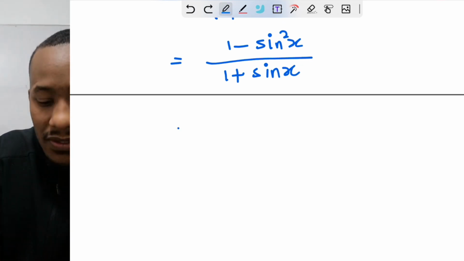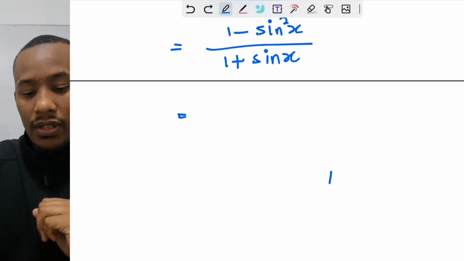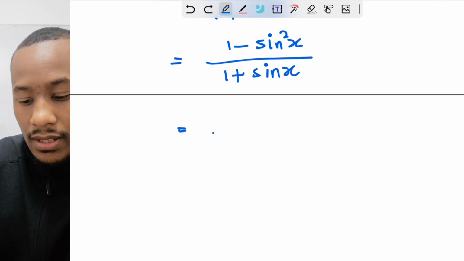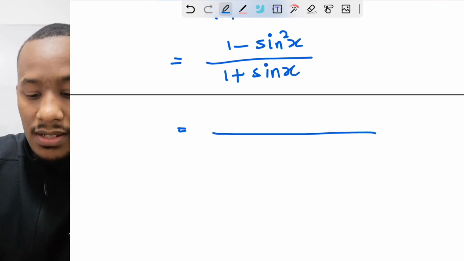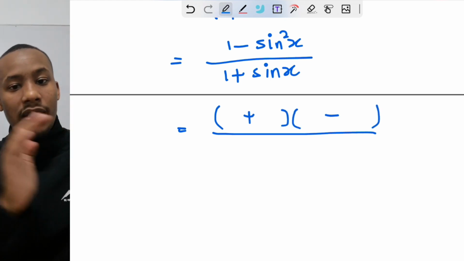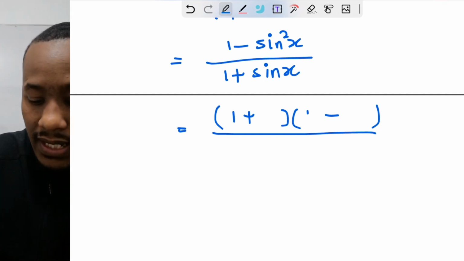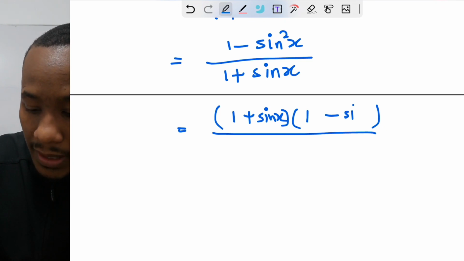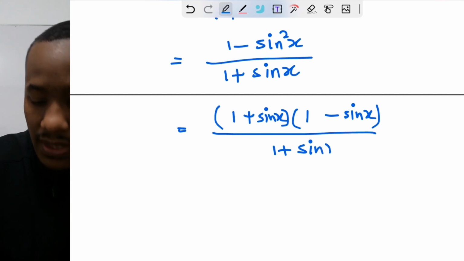I'm going to make use of this difference of squares method, because 1 is a perfect square and sine squared is a perfect square. When you do difference of squares, open up a set of brackets, put plus and minus in each bracket. Then you write 1 plus sine x and 1 minus sine x, which is the square root of each of those terms.